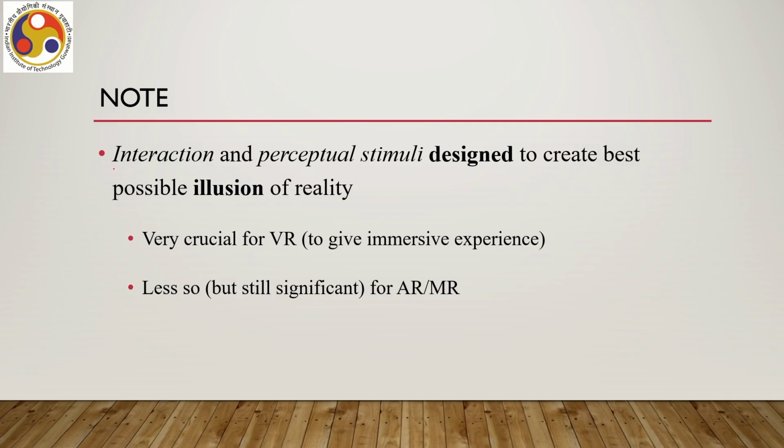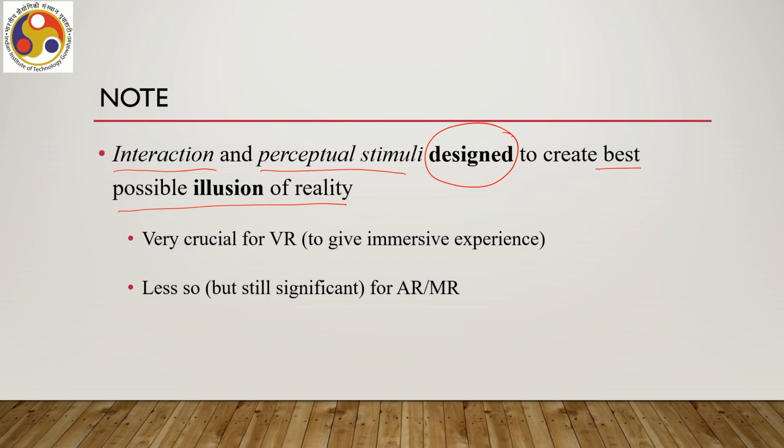The interaction and the perceptual stimuli, that is the output generated by the system, are supposed to be designed to create the best possible illusion of reality. Remember that our goal is to make a system that enhances presence.